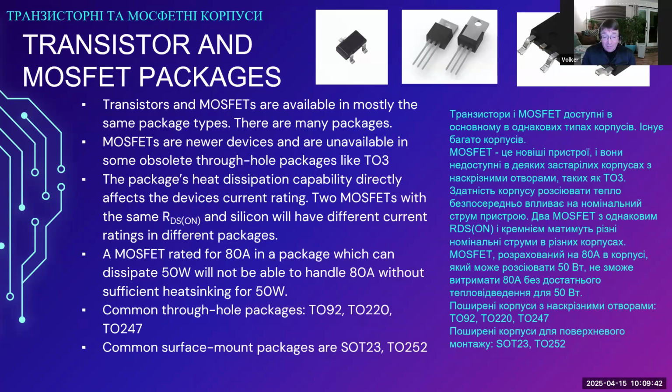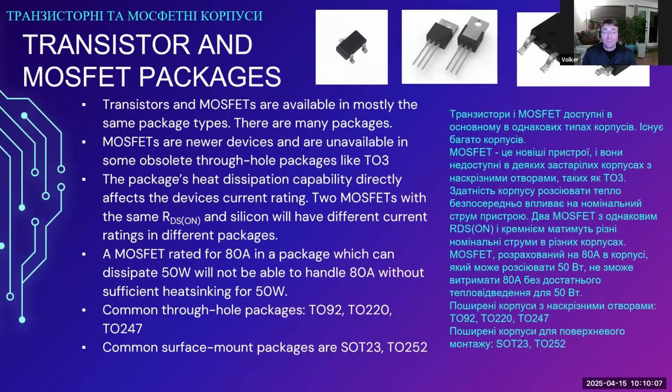The other item is that you can buy MOSFETs that could dissipate, based on the package, a certain amount of power as heat. But you need to supply the heat sinking capability around that MOSFET to actually use it at the rated power.